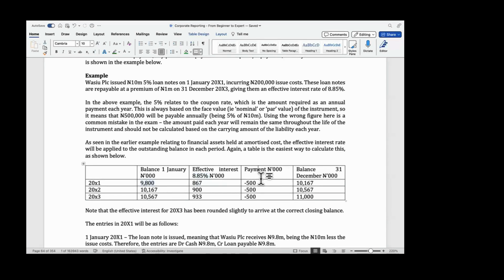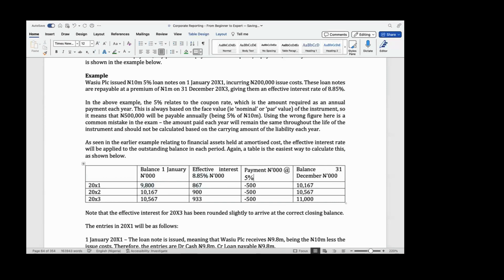That gives 867. But the interest you will actually pay is that 5%, which is on the amount he actually borrowed, the principal amount of 10 million. So 5% on 10 million is 500. He incurred 867 and paid 500, so the balance is the difference, around 367. Adding it to 9,800, he is owing 10,167.